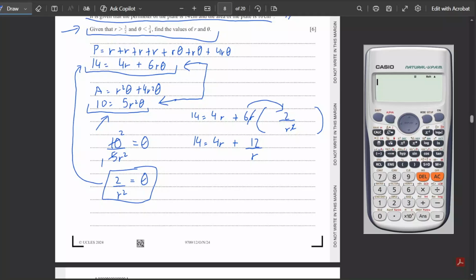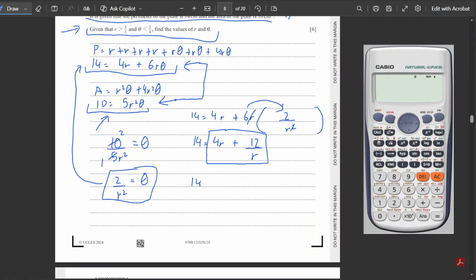Okay, so I have a tricky situation right now. I have 14 equals 4r plus 12 over r, and I have to gather the r terms together, if you guys know what I'm trying to say. One way of doing that is taking the LCM of these two terms.